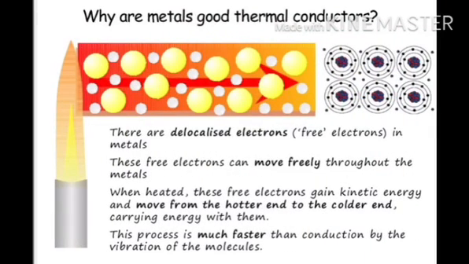Why are metals good thermal conductors? There are delocalized electrons, free electrons, in metal. These free electrons can move freely throughout the metal. When heated, these free electrons gain kinetic energy and move from the hotter end to the colder end, carrying energy with them.